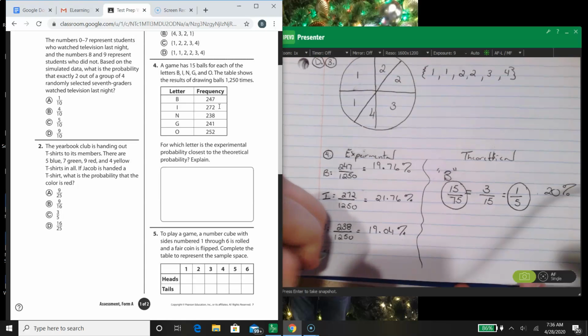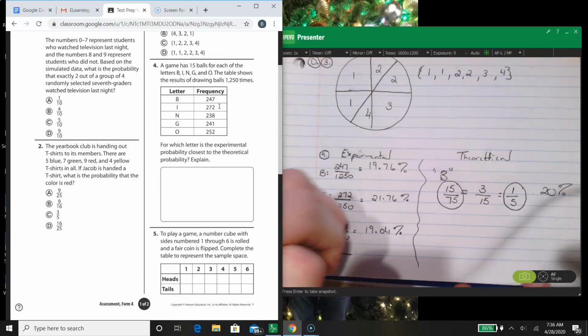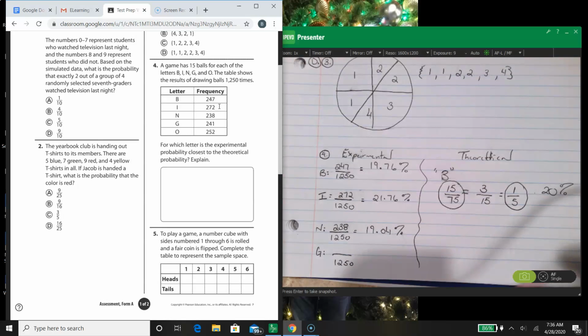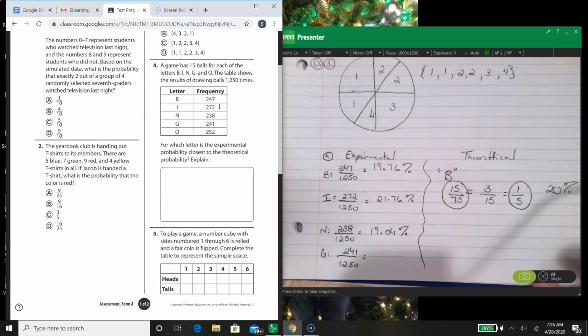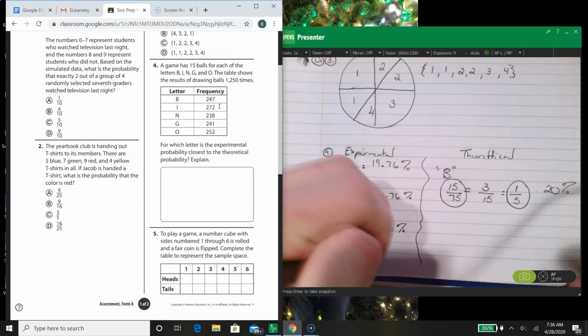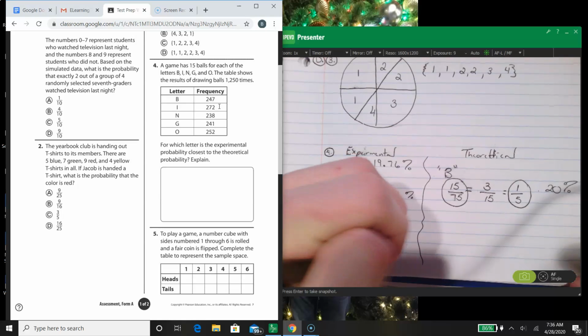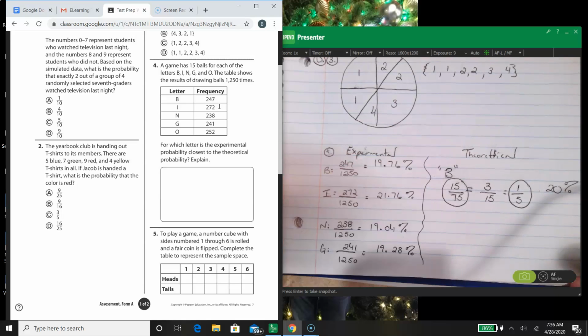All right, let's finish this out. We've got two letters left: G and O. For G, 241. So we're going to divide 241 by 1,250. When I divide, you get 19.28%.